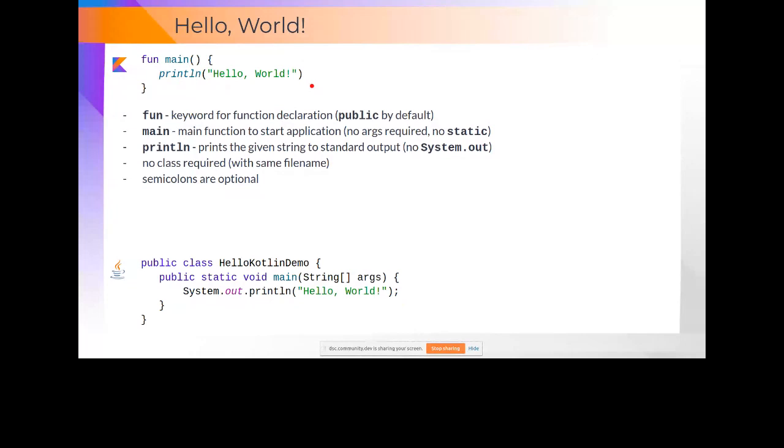So if we move further, and we start to use variables, we can see that this is how you declare a variable in Kotlin. Basically, you use the keyword val, which means that I will declare an immutable variable. So once I assign the value to this variable, it cannot be changed later. You will get a compile time error.